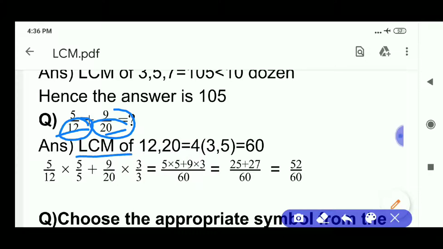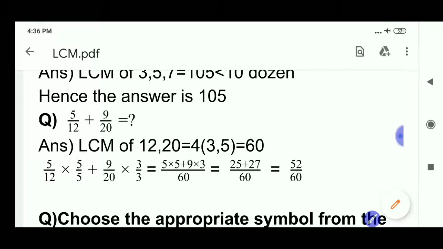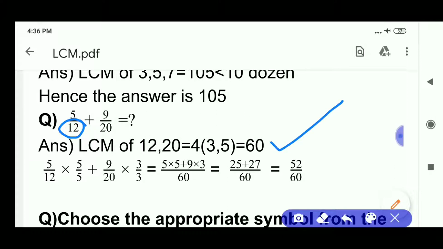First find the LCM of 12 and 20. That is 60. Now the denominators should be made equal to the LCM. How can we do it? How does 12 become 60? Very simple. 12 becomes 60 when we multiply with 5.